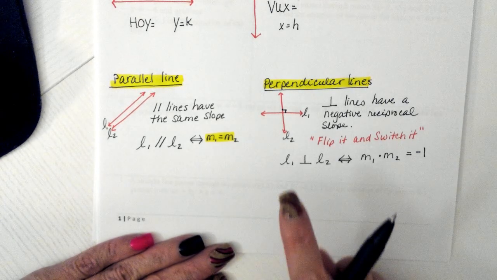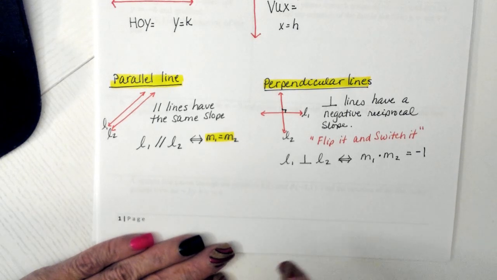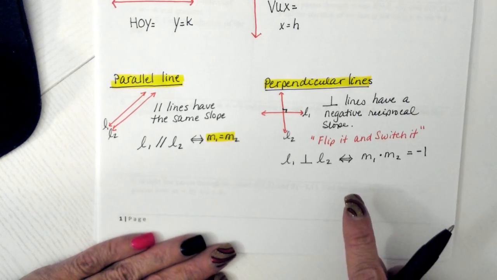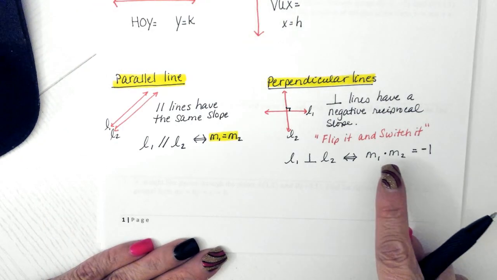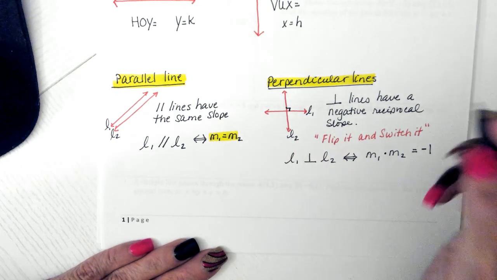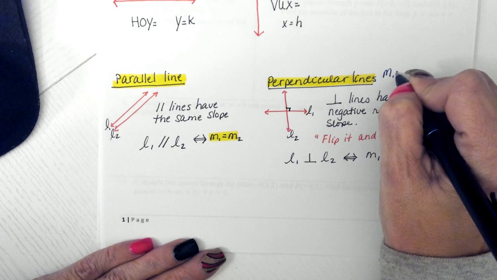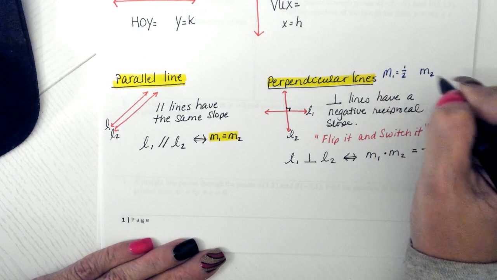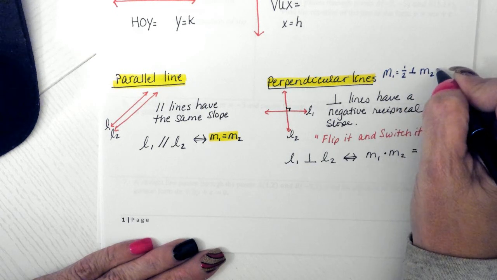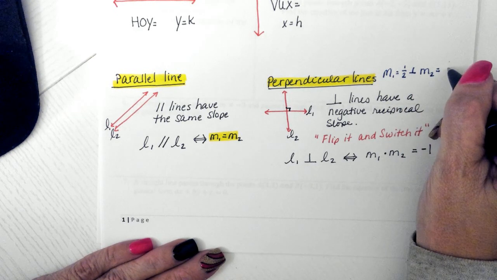So, for instance, I'll do an example to make it a little easier. I didn't leave myself much room on that. Hold on, let's make sure that's focused. Looks a little blurry. If the slope of line 1 is 1/2, let me put it in blue, then the slope of line 2, if they're going to be perpendicular, I would flip it and make it 2/1 and switch it and make it negative.